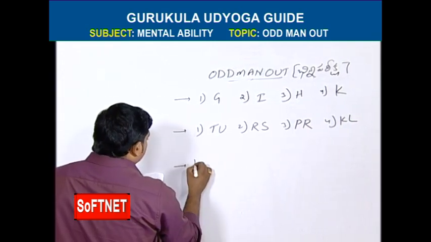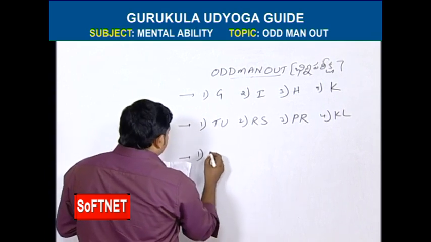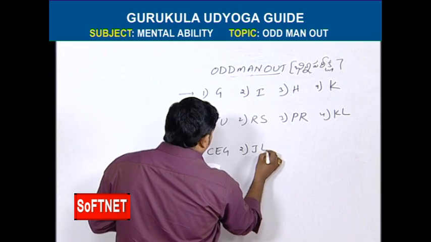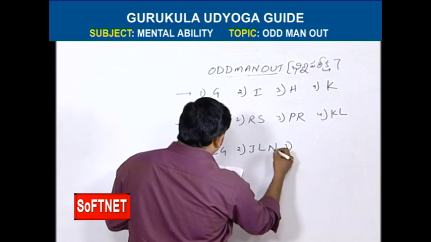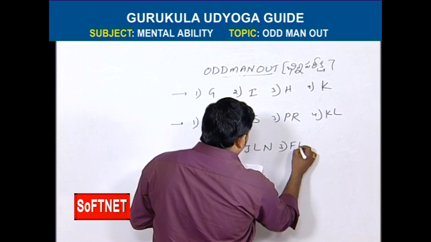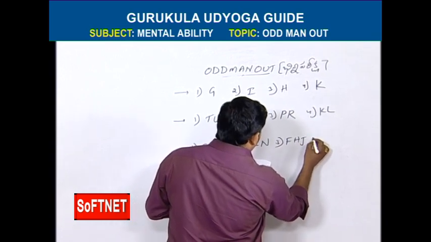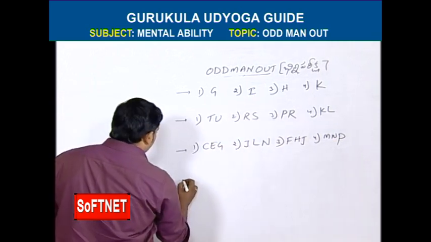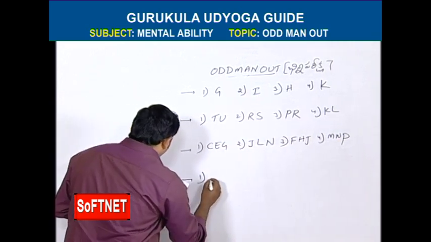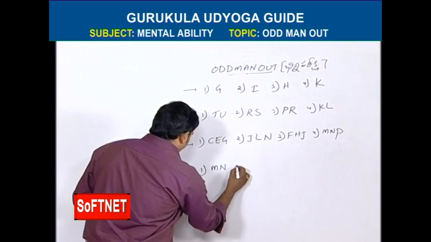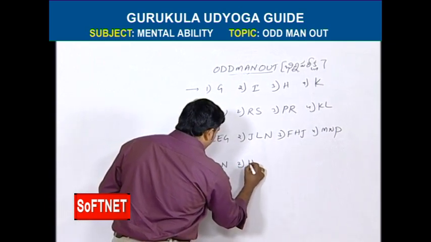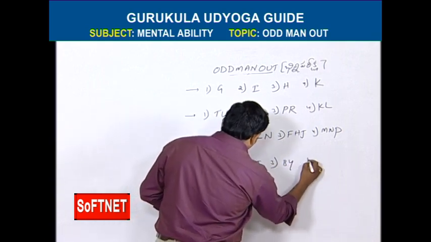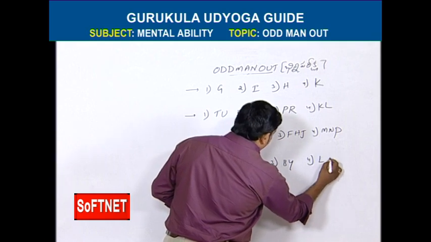Third question: first option CEG, second option JLN, third option FHJ, and fourth option MNP. Next question: first option MN, second option HI, third option BY, fourth option LO.